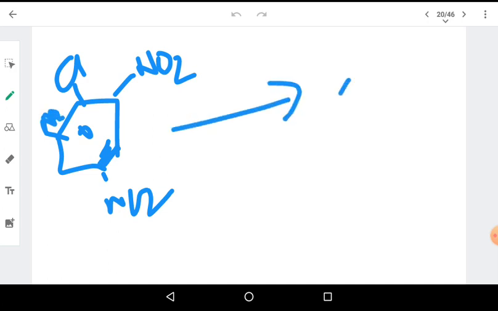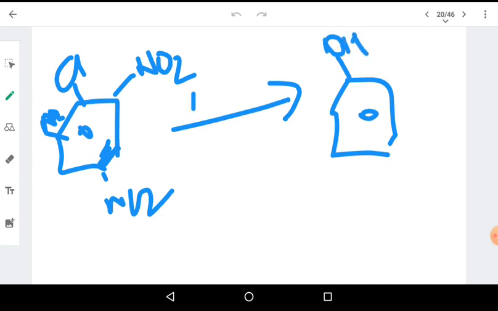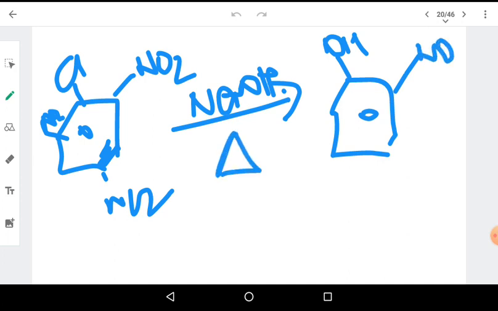How to convert this into picric acid? We have to treat it with NaOH and heat it, and we will be getting picric acid. This was the reaction that we studied in the previous chapter.